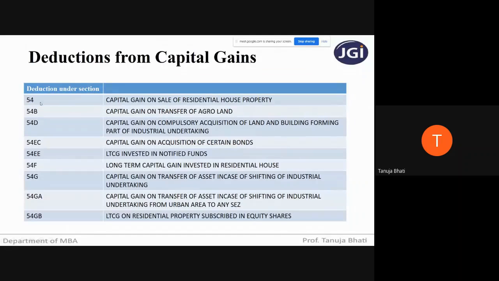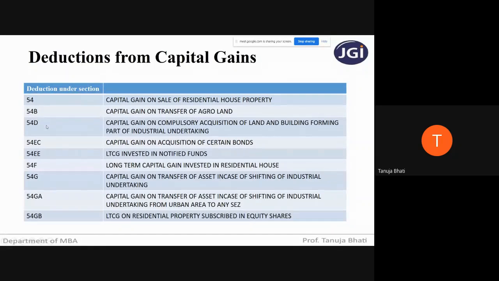So deductions are under section 54. This deduction will be available on capital gain if there is a sale of residential house property. If you're selling a residential house property and getting a capital gain, you will get a deduction under section 54. Under section 54B, it is capital gain on transfer of agricultural land.